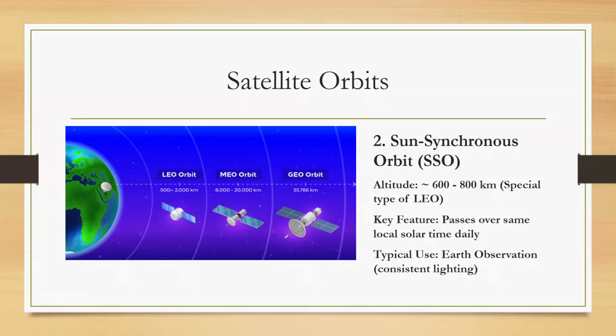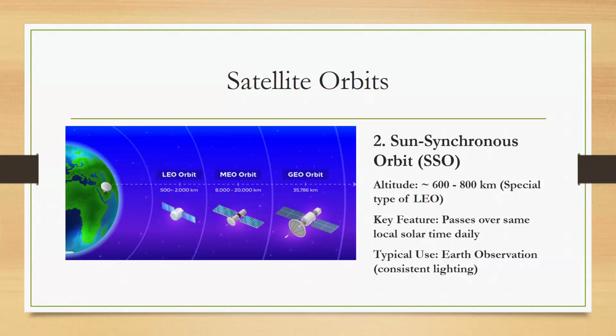They are normally at altitudes of around 600 to 800 kilometers, and like I said, they pass over the same locations at the same local solar times every day. So whenever they pass any location, it's always at the same sun time.